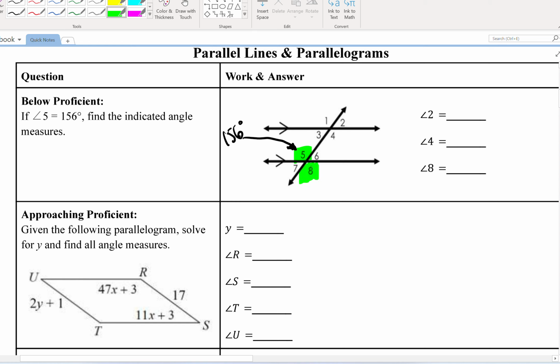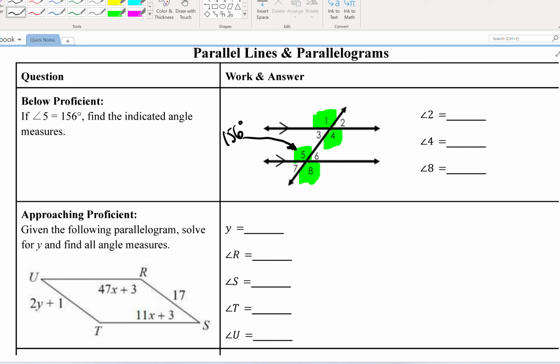They share the same vertex and they're opposite of each other. Angle 5 and angle 4 are congruent because they are alternate interior angles. Angle 5 and angle 1 are congruent because they are corresponding angles. And so those would all be equal to 156.